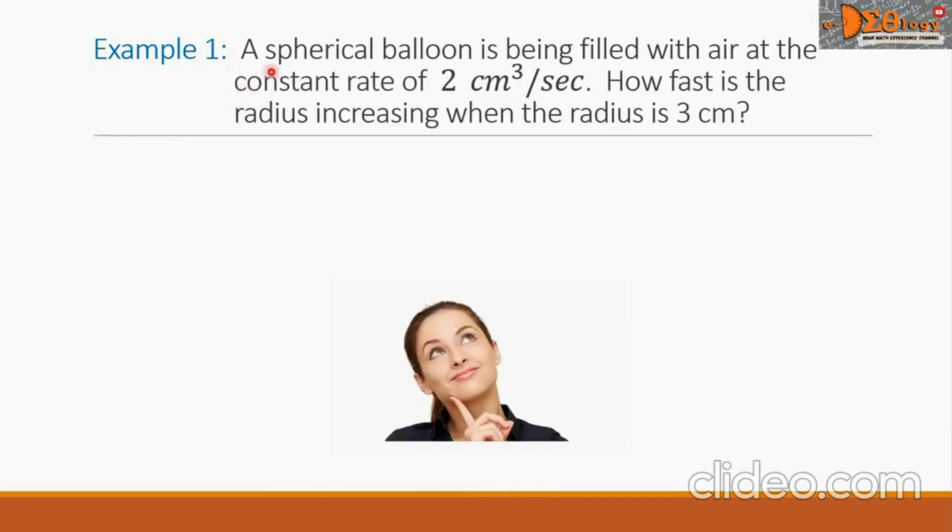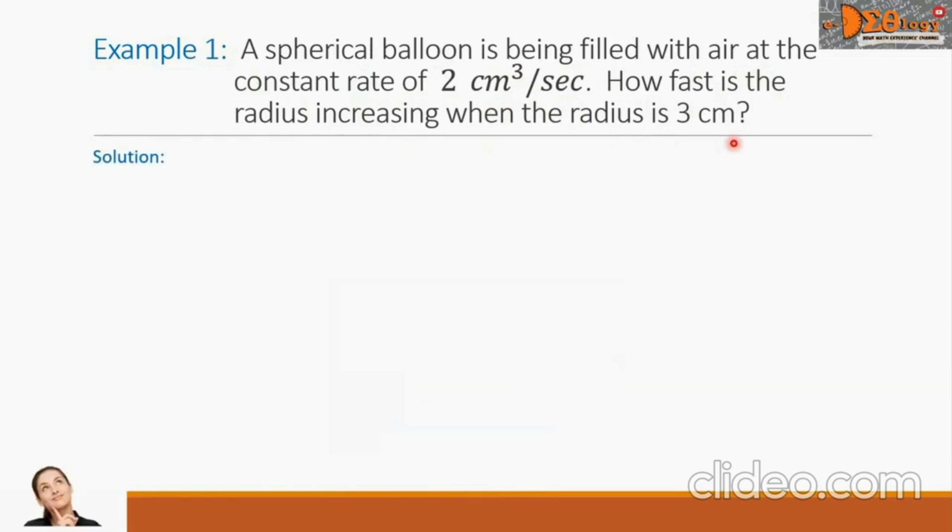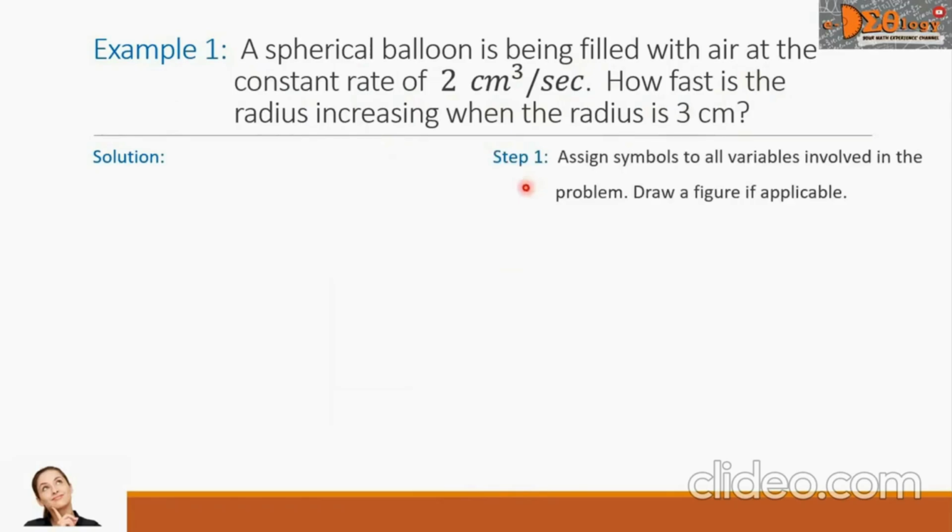Example 1. A spherical balloon is being filled with air at the constant rate of 2 cubic centimeters per second. How fast is the radius increasing when the radius is 3 centimeters? For our solution, step 1 says, assign symbols to all variables involved in the problem.